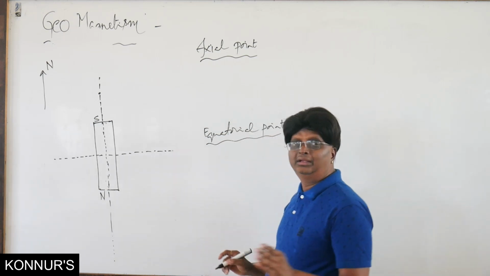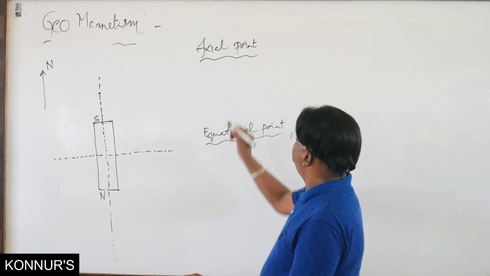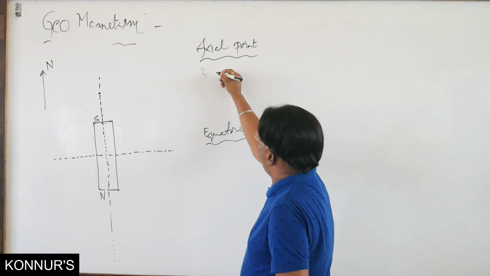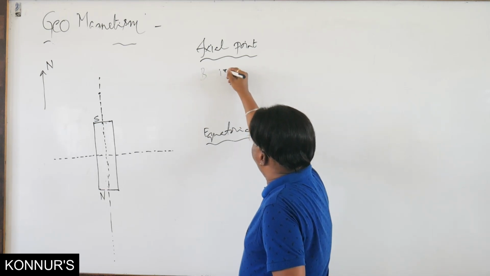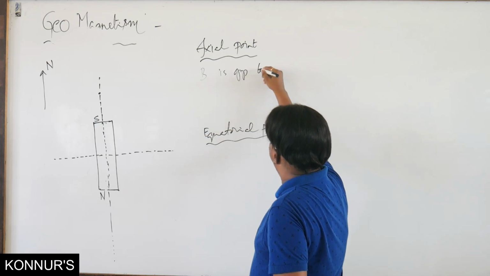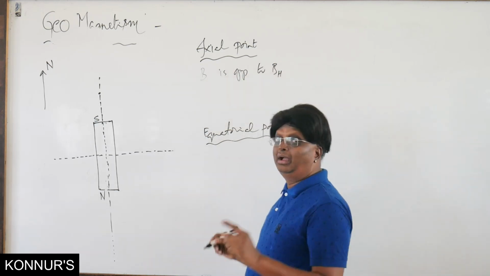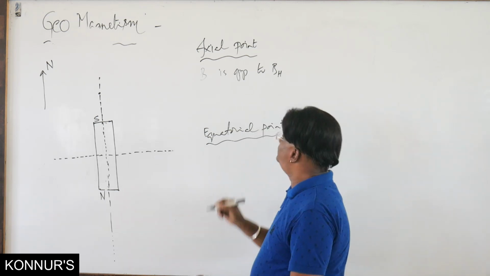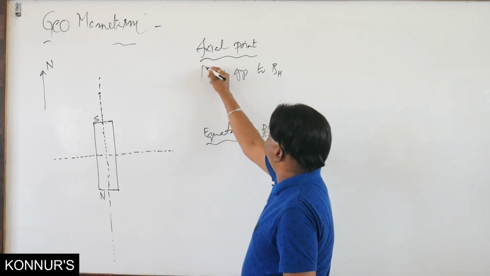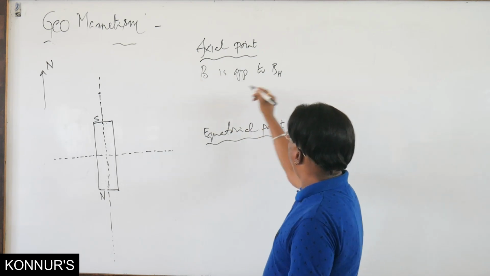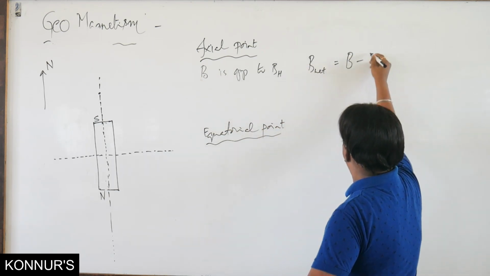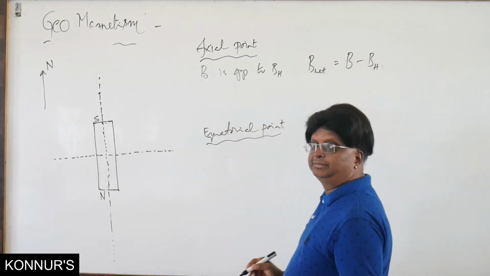Now here once again, at the axial point, what happens? B due to the magnet is opposite to BH. Earlier we said at the axial point B and BH were parallel. This time it will be opposite. B due to the magnet is opposite to BH, therefore net induction is B minus BH.